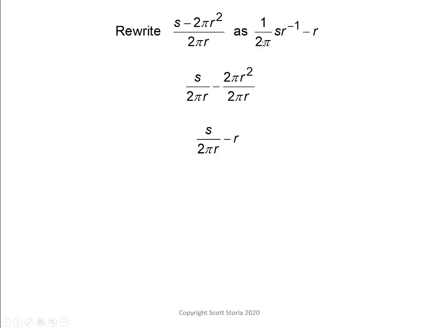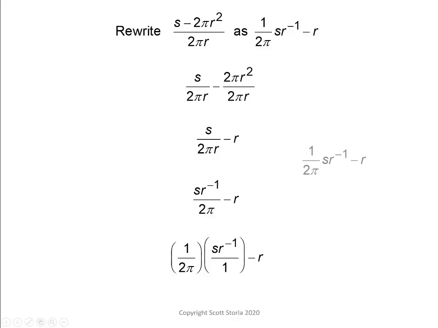Looking at the form I'm after here, I notice that I need to move this base of r to the numerator and give it an exponent of negative 1. Last, I can rewrite division by 2 pi as multiplication by 1 over 2 pi. And I don't really need the parentheses.